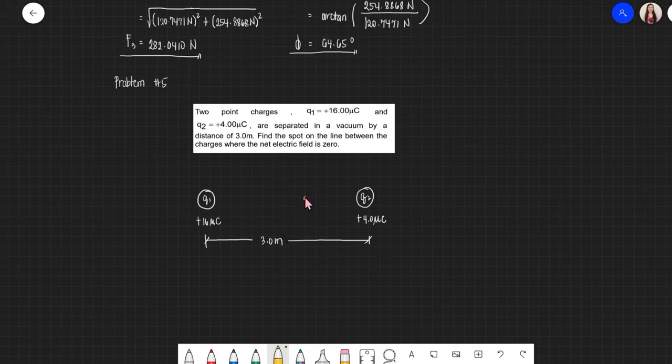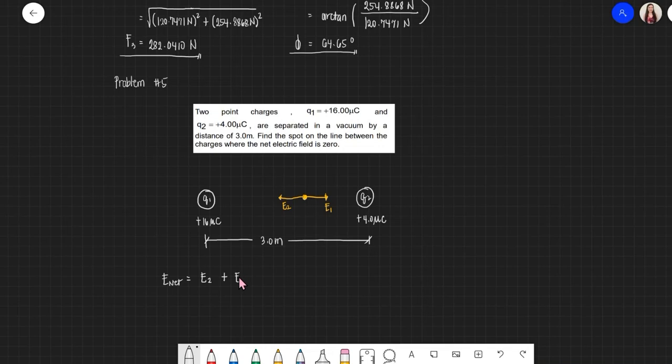Supposing that this is the spot here, we are expecting that the net electric field here is 0. The E is positive, so it points away. This is the electric field experienced from Q1, and this is the electric field experienced from Q2.